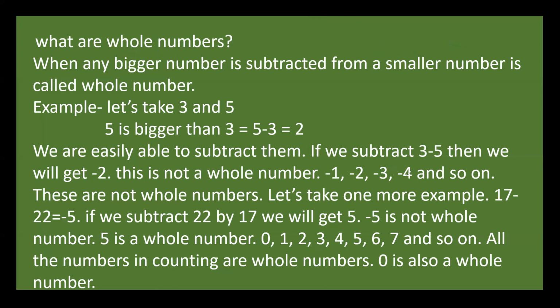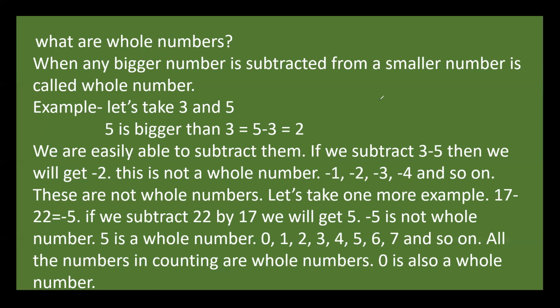Now let's take one more example. 17 minus 22. If we subtract 17 from 22, we will get 5. Minus 5 is not a whole number. 5 is a whole number.